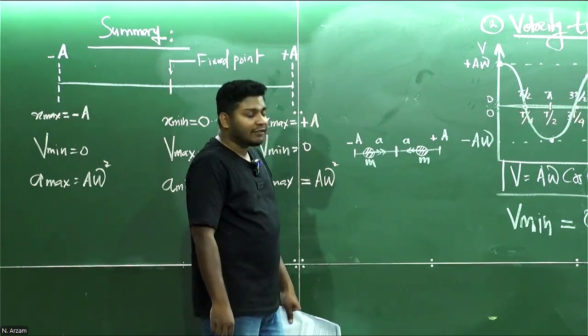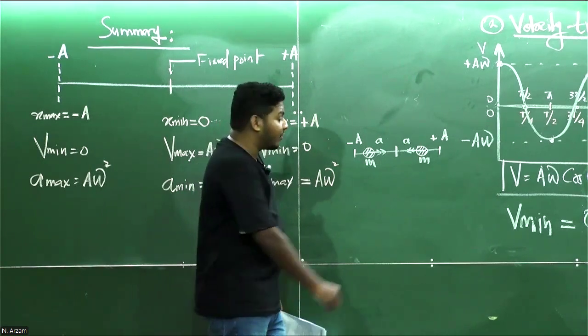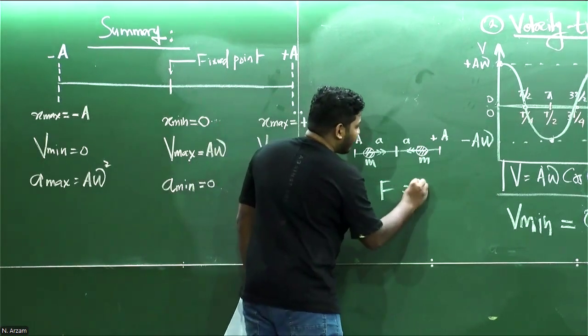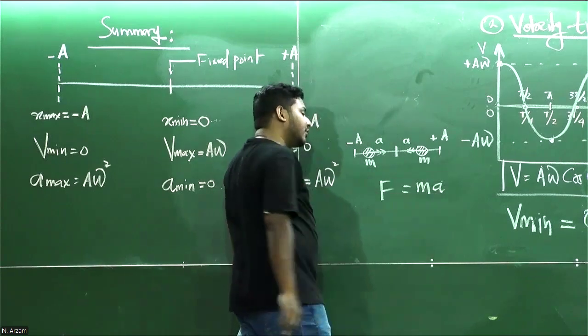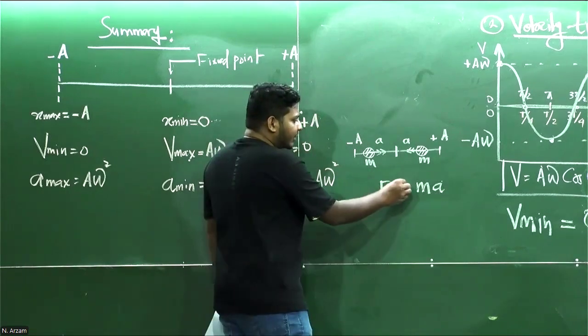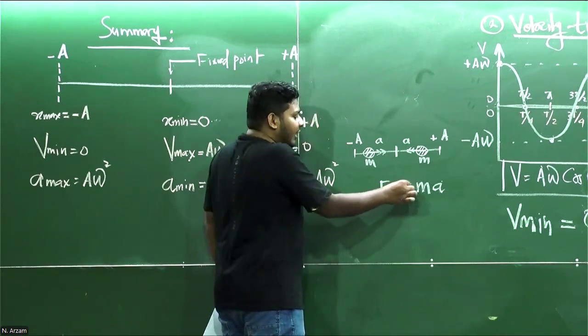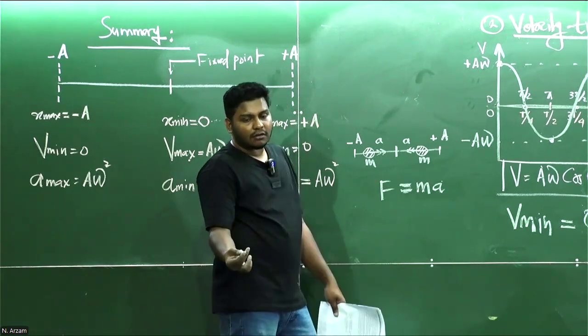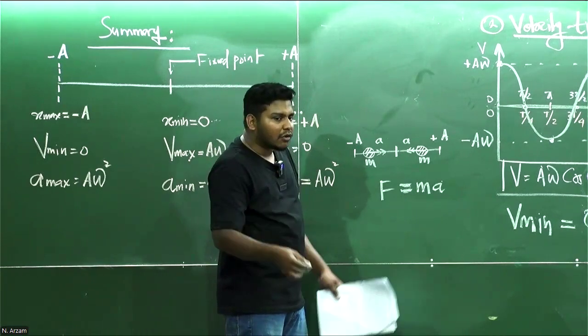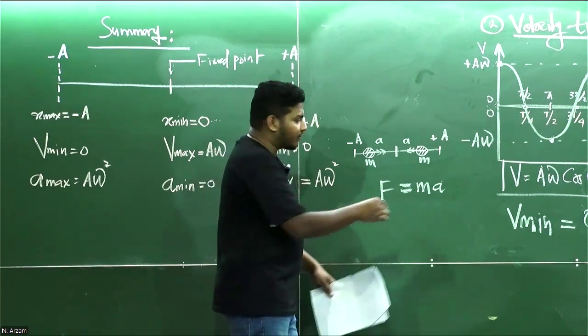What we can apply here is the F is equal to ma equation. F is equal to m into a. The mass of the object is constant while it's moving in this motion. In this question, the mass of the object is constant. If mass is constant, what can you see? Very good.